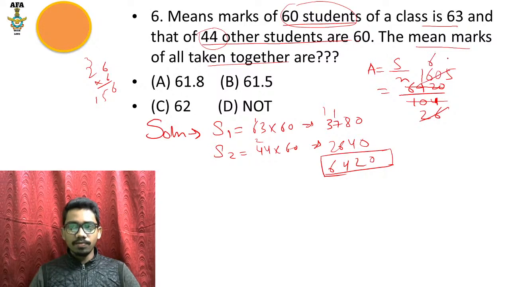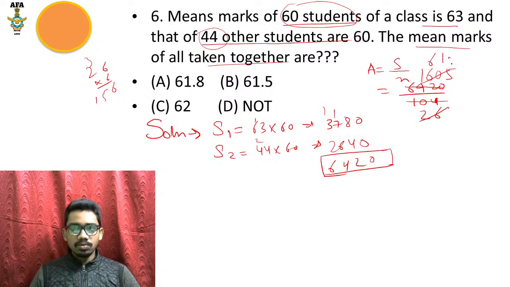And 4 will be left. So 26 ones are 26, and from there 4, and then 190.